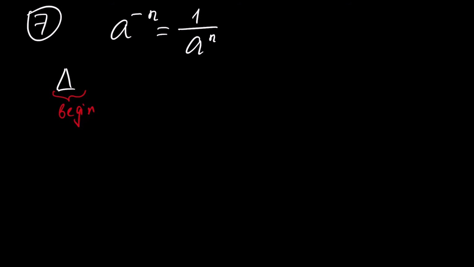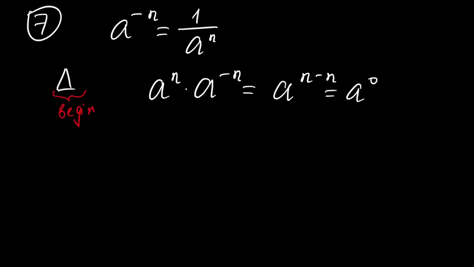So since we have a to the power n times a to the power minus n, using previous rules, previous laws, this will be a to the power n minus n, which is a to the power 0, which is 1. Or we have a to the power n times a to the power minus n is equal to 1.